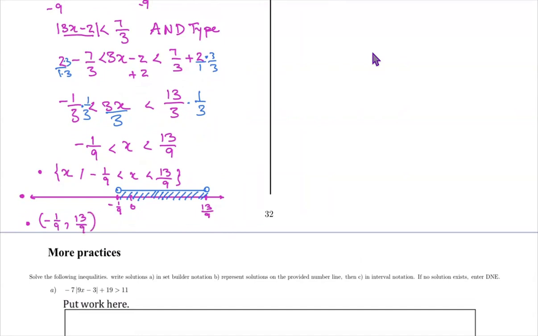So that is the graph, and that is your interval notation.